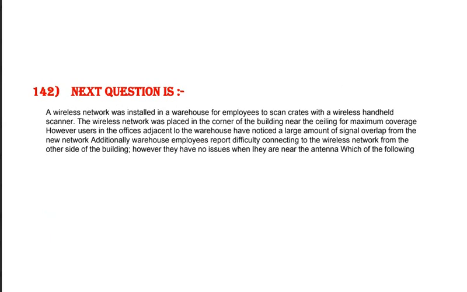Question is, a wireless network was installed in a warehouse for employees to scan crates with a wireless handheld scanner. The wireless network was placed in the corner of the building near the ceiling for maximum coverage. However, users in the office adjacent to the warehouse have noticed a large amount of signal overlap from the new network. Additionally, warehouse employees report difficulty connecting to the wireless network from the other side of the building. However, they have no issues when they are near the antenna.